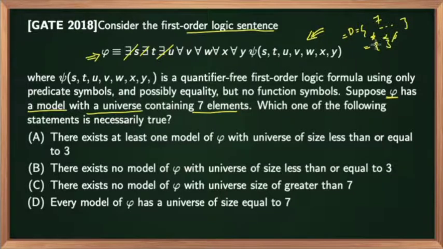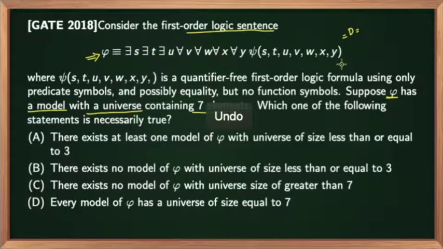Because as we know that for all x, all y, all v, all w, basically you can remove the elements and make it 5, right? But if it has there exists, you know that you need to have at least one element inside the set, right? So here if you see there exists an S. So let's assume S, T and U are different.